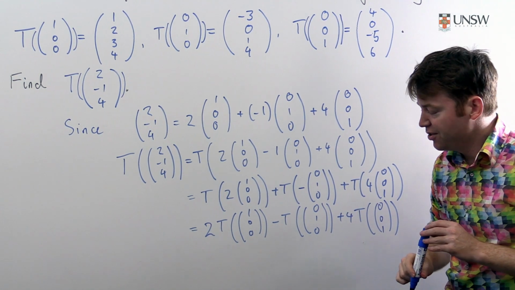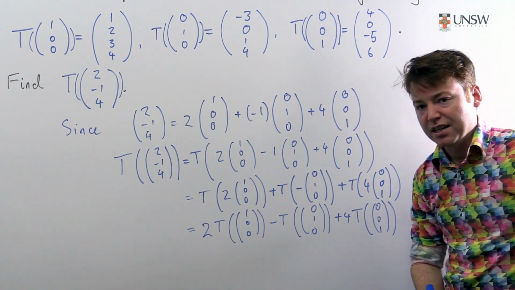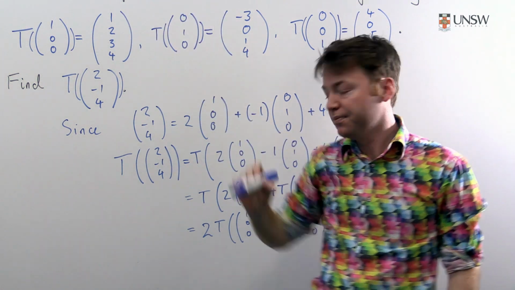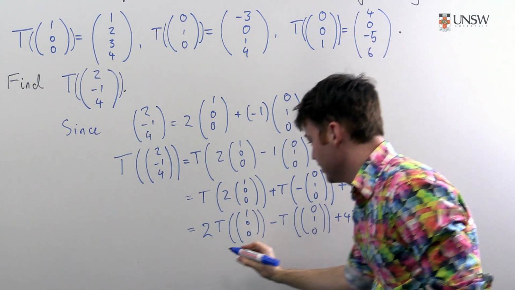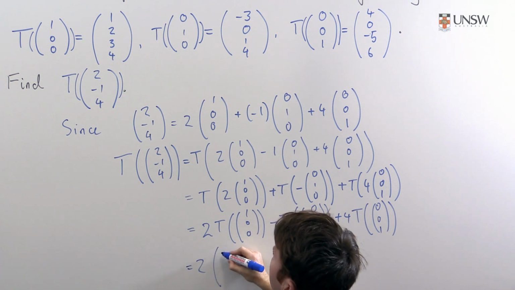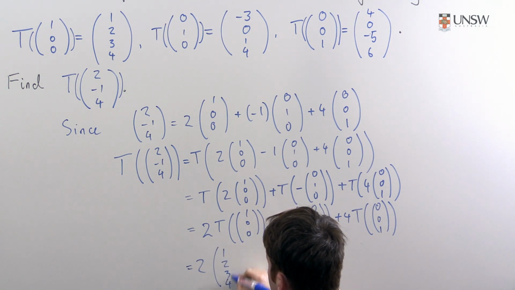And I know what T does to the first standard basis vector. That's just the four-dimensional vector (1, 2, 3, 4). So I can finally write this as twice (1, 2, 3, 4).